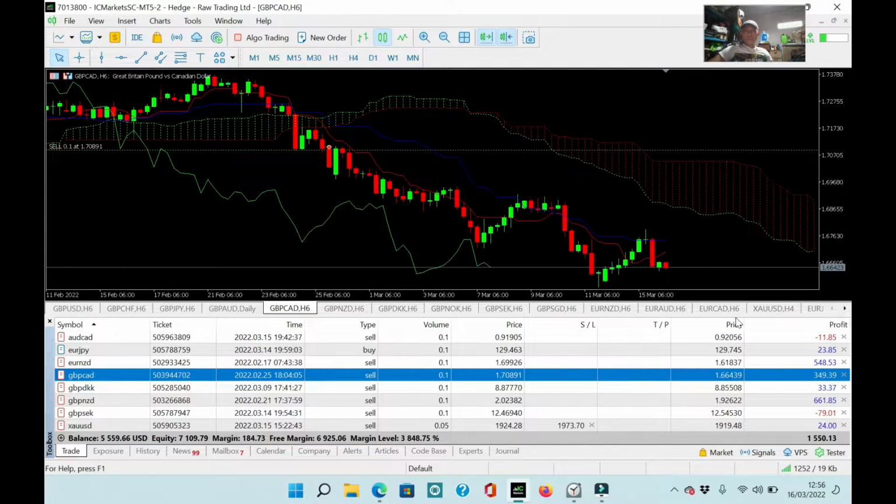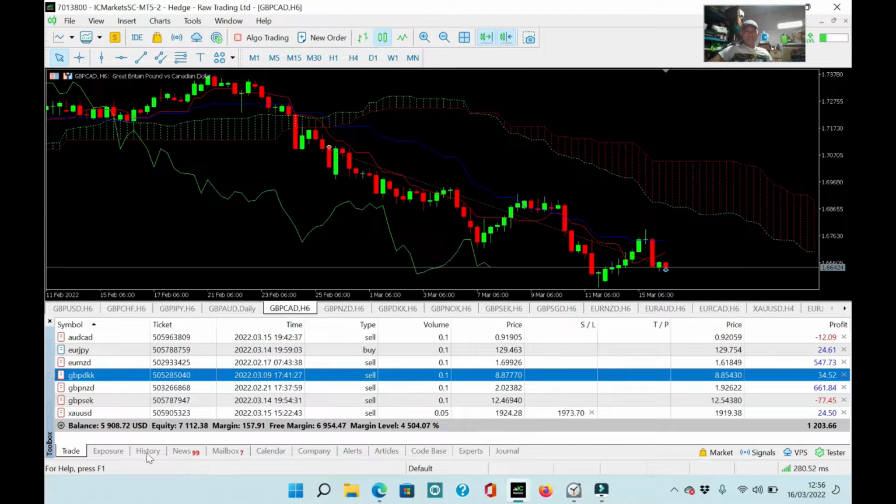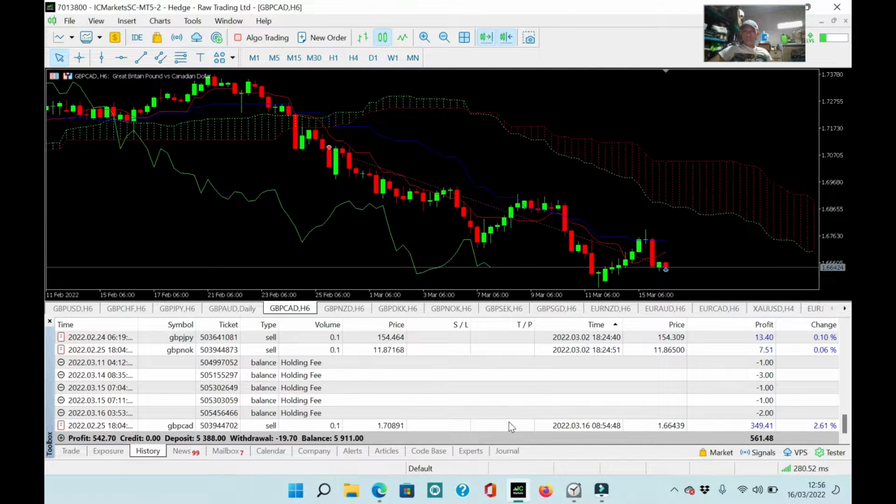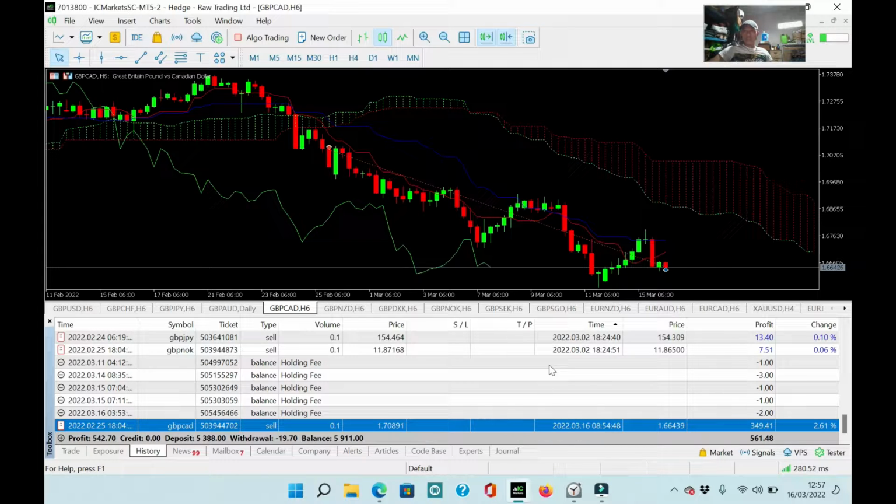Don't ask me why, because to be honest with you, I don't have any particular or exact exit plan. For me, it's based on experience, not always theory only. Okay, $350 on the pound sterling Canadian dollar position, voila. It's already banked, a $350 profit trade.